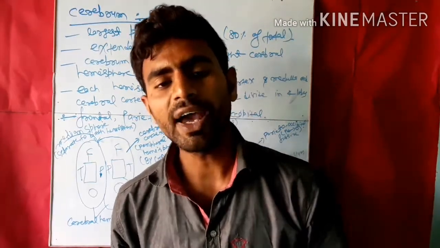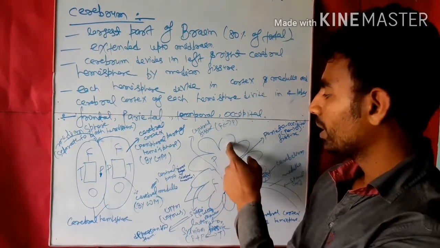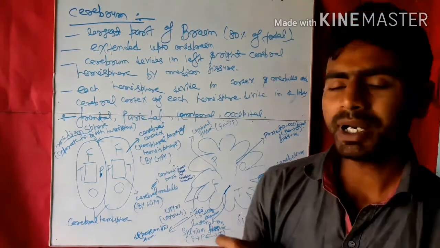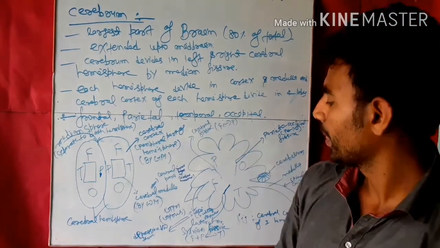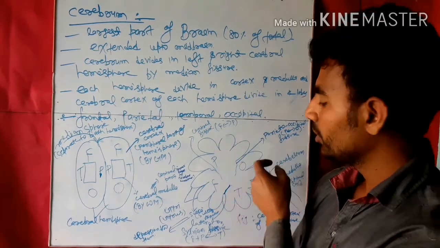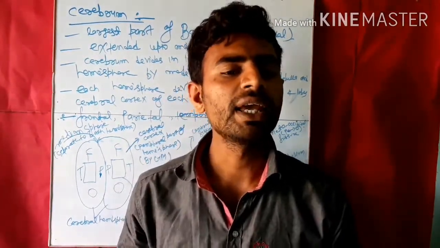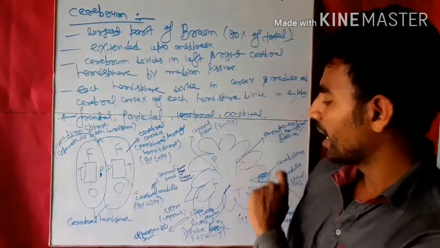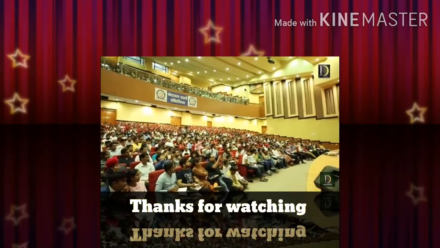Gyri is plural and gyrus is singular. The depression between two gyri is called a sulcus. As the number of sulci and gyri increases, brain power and intelligence increase.